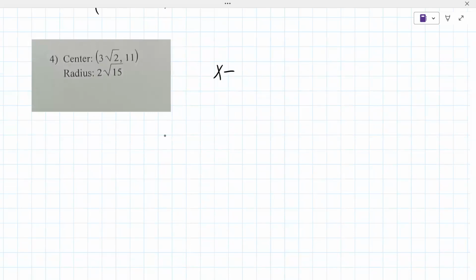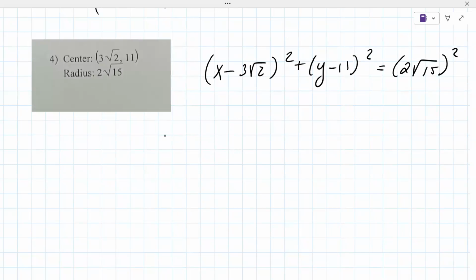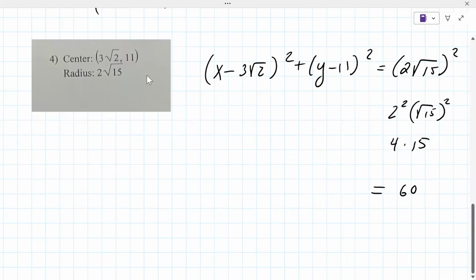So again, it's (x - 3√2)² + (y - 11)² = (2√15)². The only question on this one might be how to deal with that (2√15)². You're squaring the 2, you're squaring the square root of 15. It ends up being 60 on the right side there.